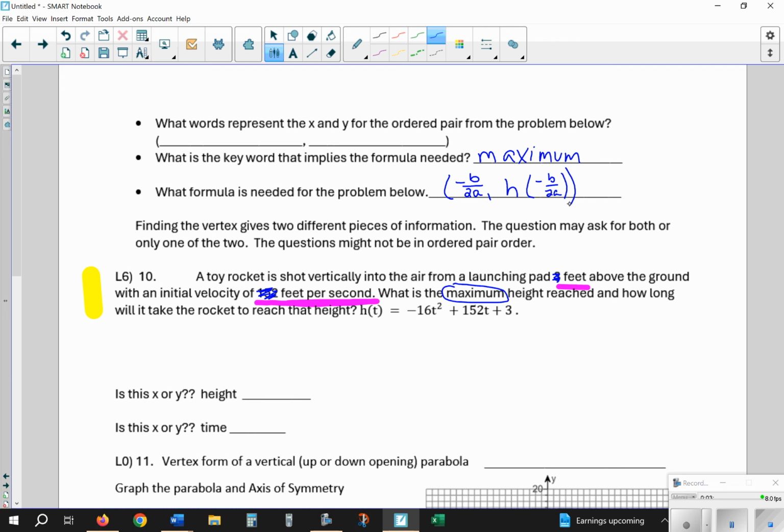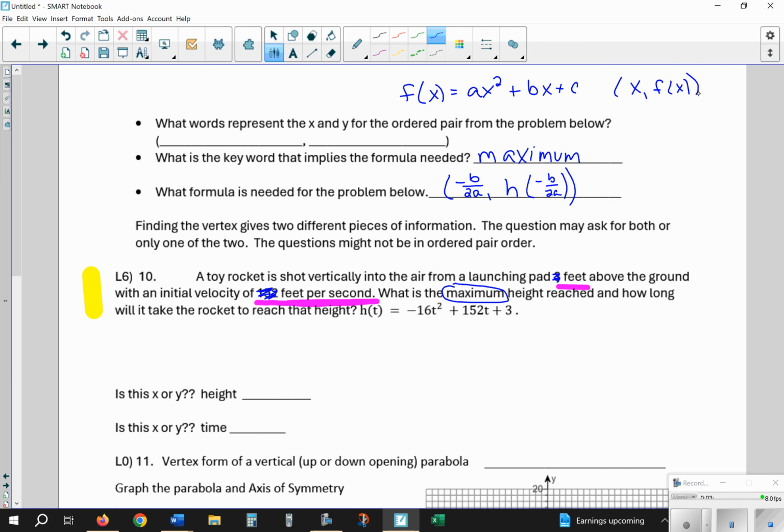Now, the words that represent our x and y ordered pair, this is really important too. Part of it's the equation, part of it's the word problem. We see the t squared, t, and when we think about our general function standard form, f of x is equal to ax squared plus bx plus c, x is the variable and f of x is the y value.